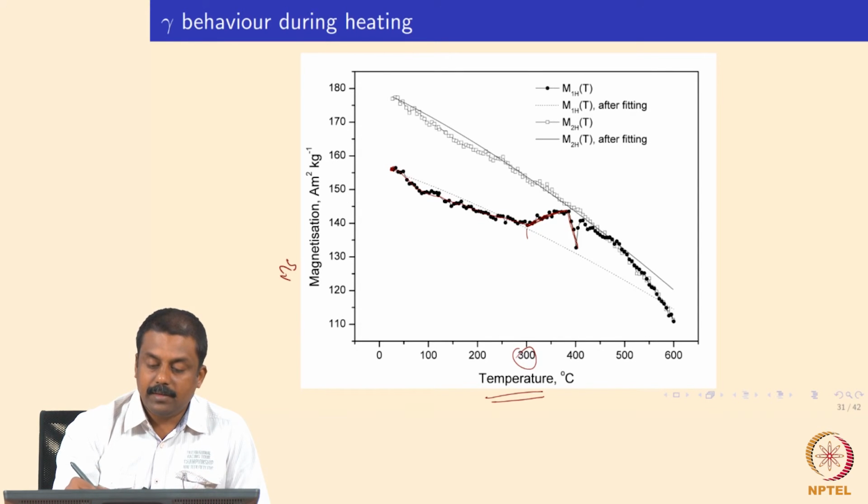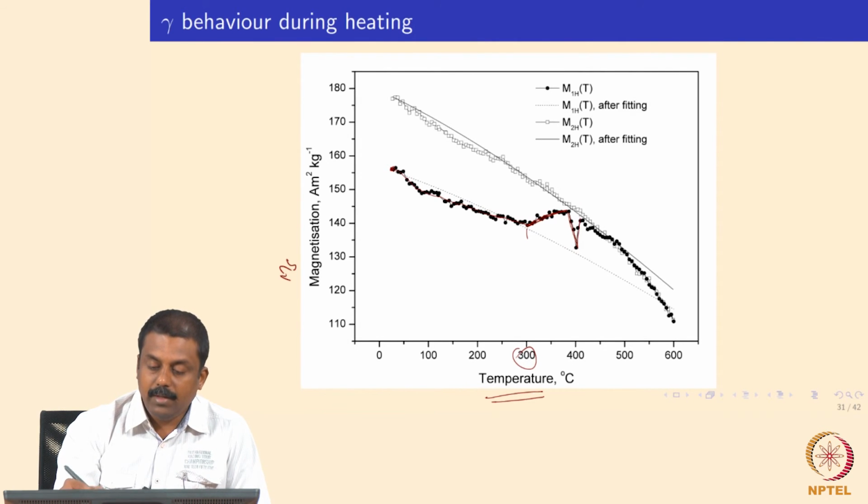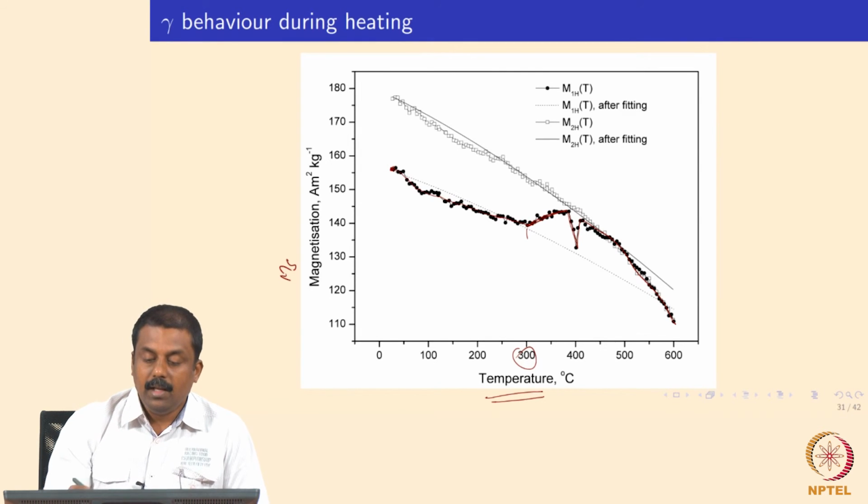During this transformation we also see sudden decrease and increase in saturation values during heating, and subsequently when you increase the temperature further, you would expect a thermal effect leading to a decreasing saturation. So this sudden change in slope we can relate to the decomposition of retained austenite during heating.